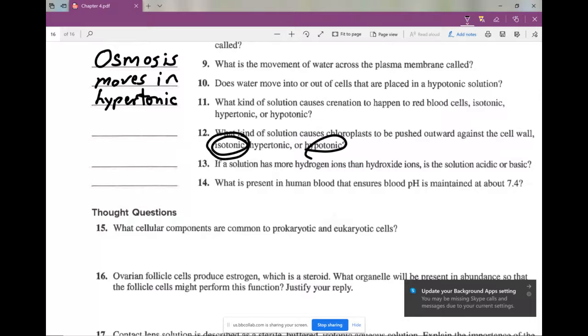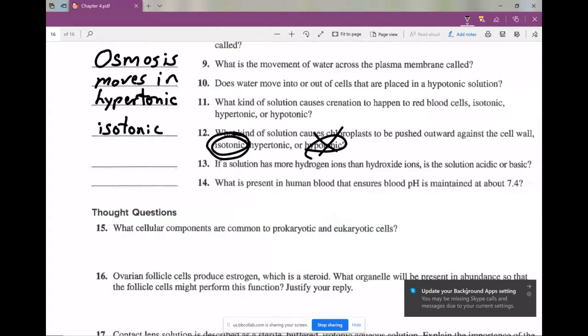Let's go with isotonic because that's the normal condition. And the problem with hypotonic is that hypotonic may actually cause the cell to burst, although it doesn't really happen with plants bursting like that because of the cell walls. So technically you would be correct if you wrote isotonic or hypotonic, but let's go with isotonic.